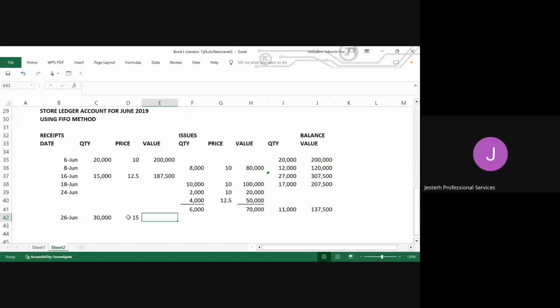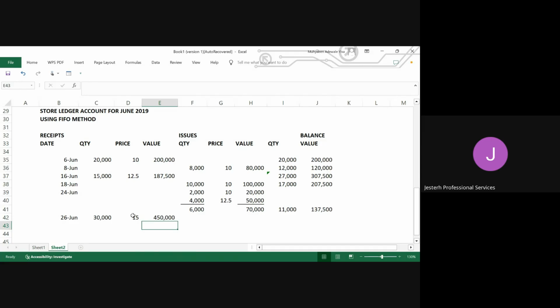Now on the 26th, they purchased 30,000 units at the rate of 15 naira per unit this time around. How are we going to get the value? We usually multiply the total units they get by the rate.